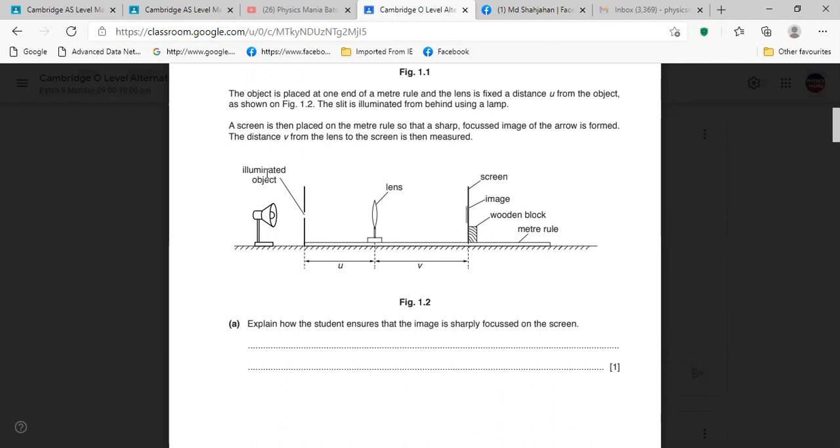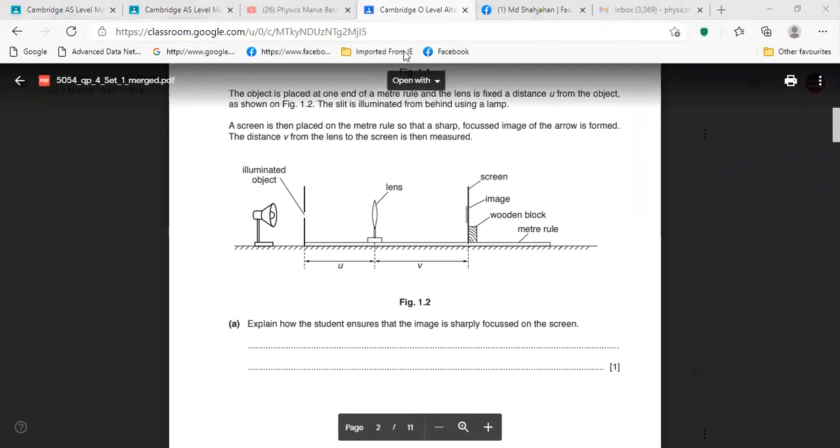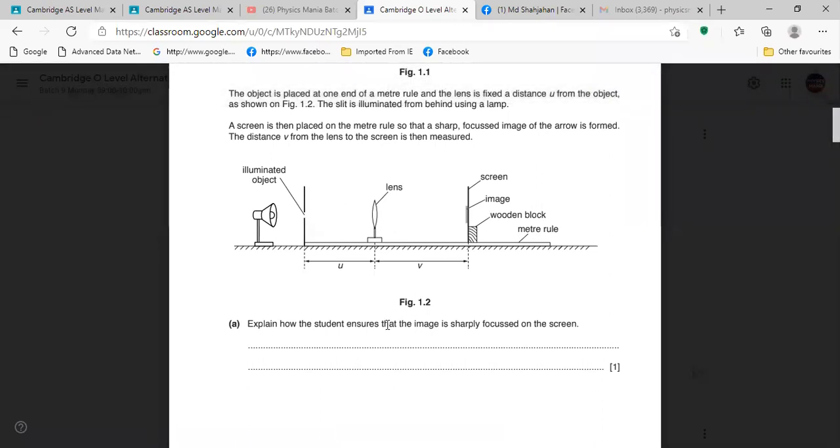How? Increasing u, like... So the distance u, they increase. You see, they are very specific in the question: how the student ensures the image is sharply focused on the screen.